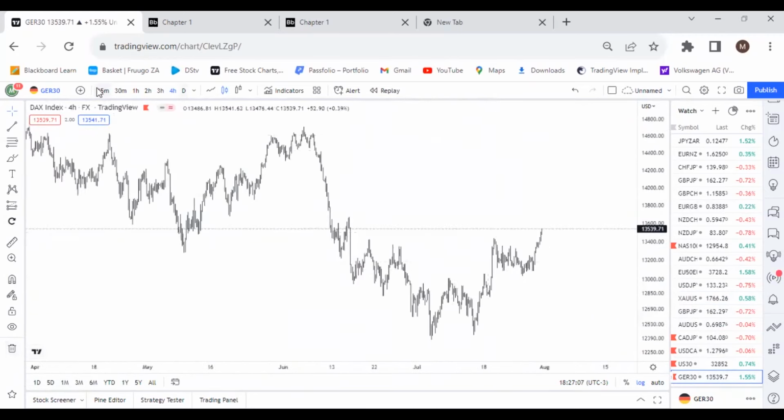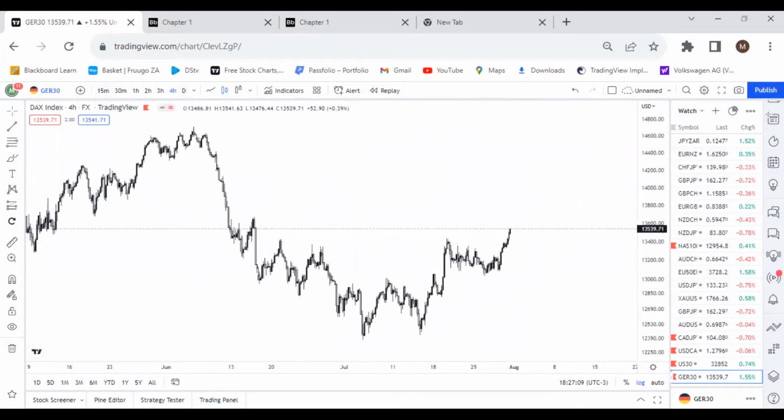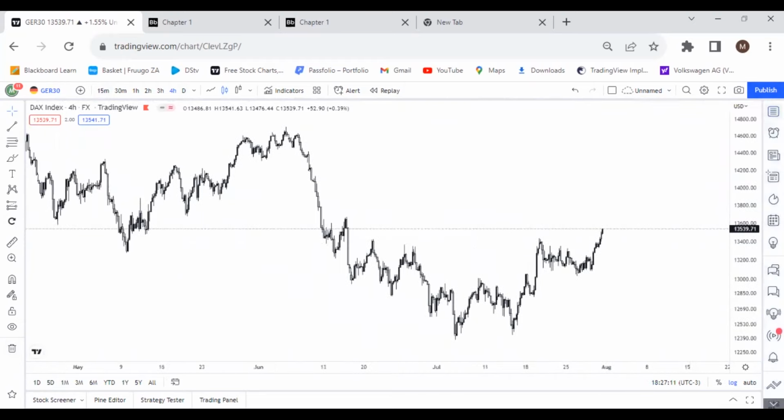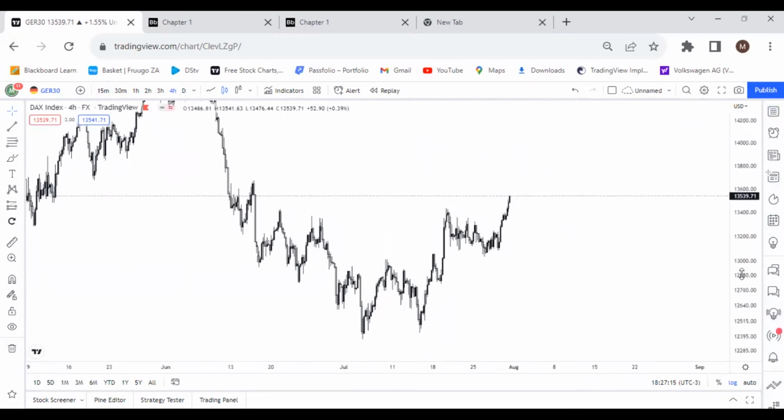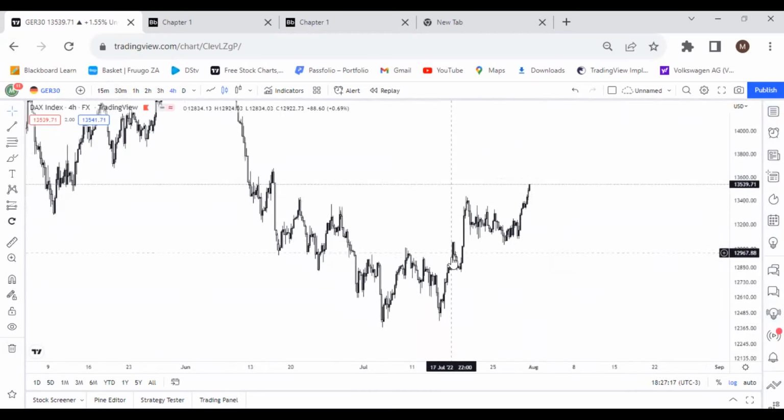So basically, this is an index, so I'm just gonna jump in from the 4 hour time frame, as that will give us enough information, because this is usually stuff that happens within small time frames, because you can't really swing trade with indices that much.